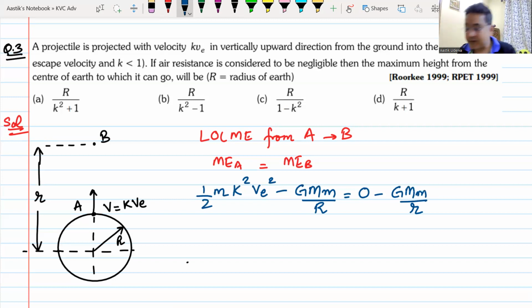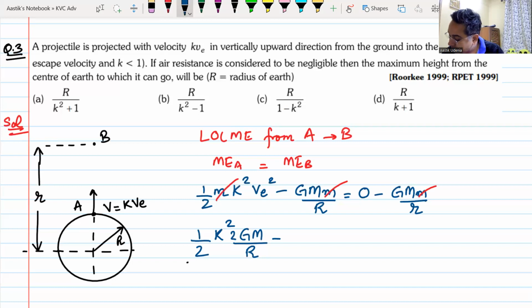Now you must know that the value of escape velocity is root of 2GM by R. So I will just put that value in. I don't have to write m here because m is going to get cancelled. So half into k square into 2GM by R, minus GM by R, will be equal to minus GM by small r.